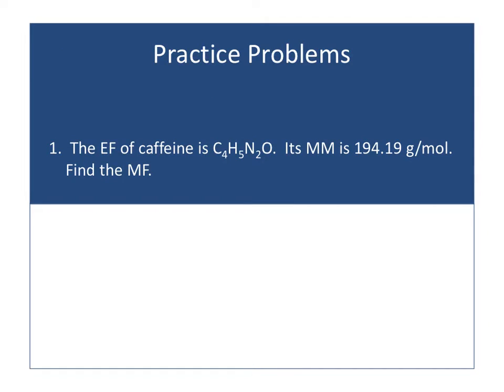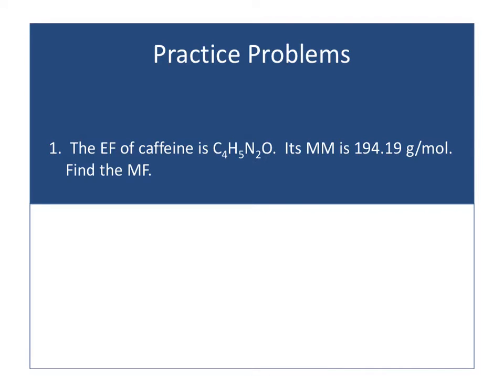All right, well, let's do another example. In this case, we have everybody's favorite drug in coffee. That's caffeine. And we have the empirical formula of caffeine being C4H5N2O. We also have a molar mass, and we need to find the molecular formula.